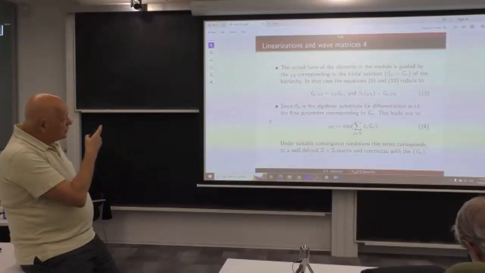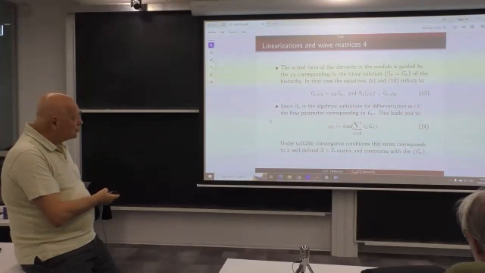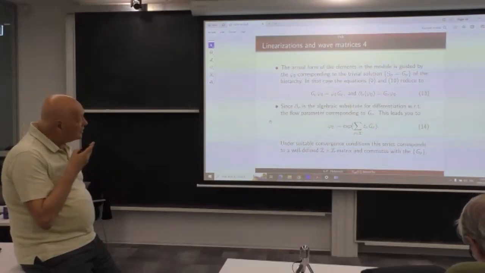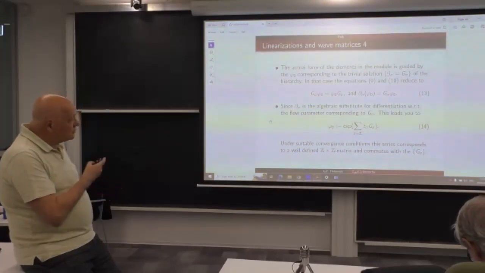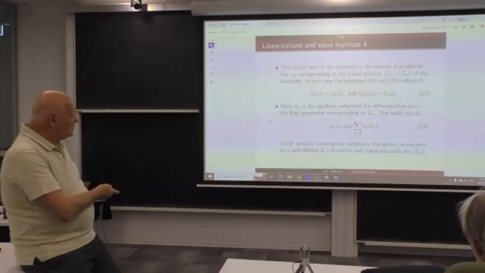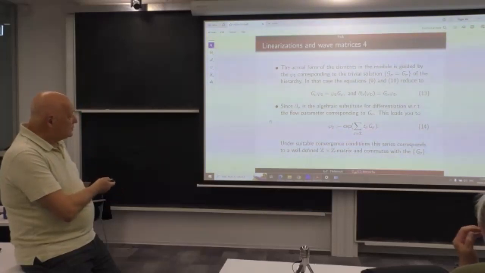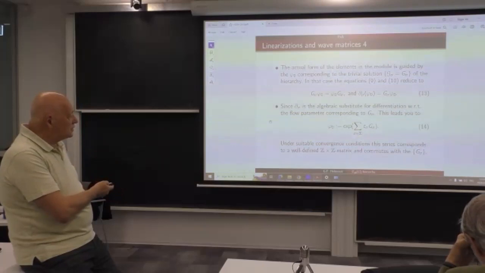And remember, partial sigma was a substitute for derivation with respect to the flow parameter of G sigma. Then you easily see that phi 0 is the exponent of the sum of the T sigma.